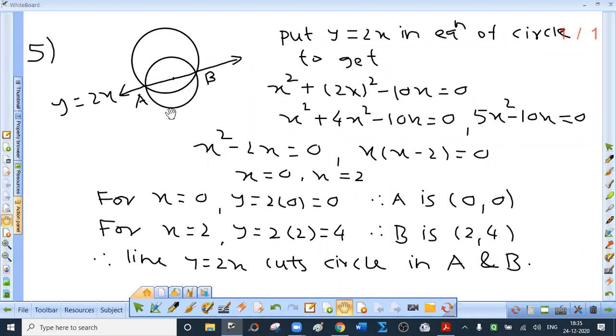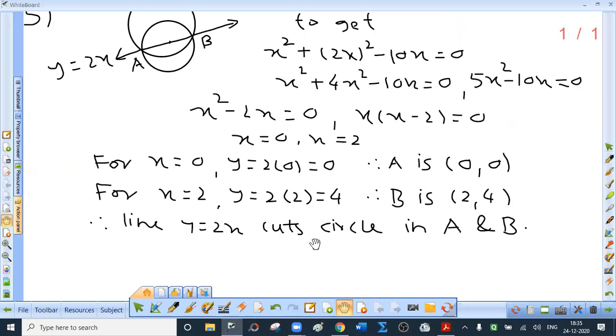Initially, I did not know that one of the two points is the origin, so I took A. Okay. We are interested in obtaining the equation of the circle with AB as diameter. Now we know the extremities of the diameter, so by using the diameter form, we can get the equation of the circle.